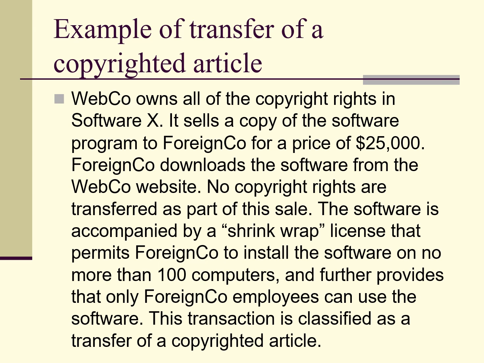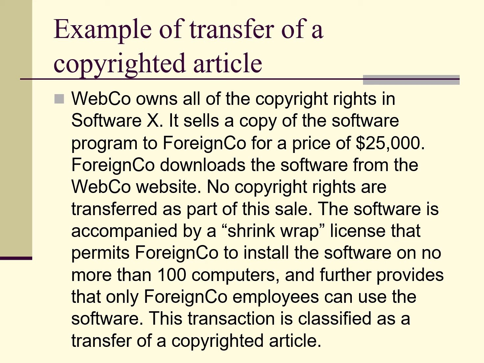Here's an example of a transfer of a copyrighted article. Webco owns all of the copyright rights in SoftwareX. It sells a copy of the software program to Four & Co. for a price of $25,000. Four & Co. downloads the software from the Webco website.